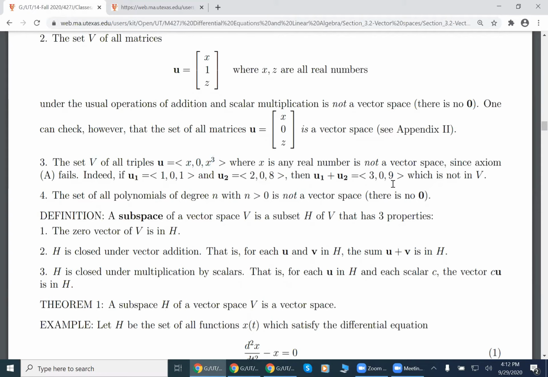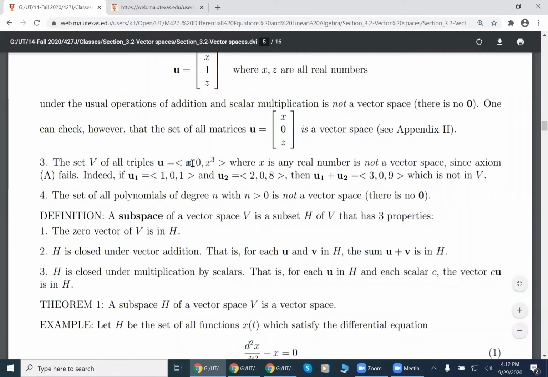In fact, assume to the contrary that this can be written as this. In this case, x is equal to 3. But if x is equal to 3, x cubed is 27. But over here, instead of 27, we have 9. We got a contradiction. So this set is not a vector space again.